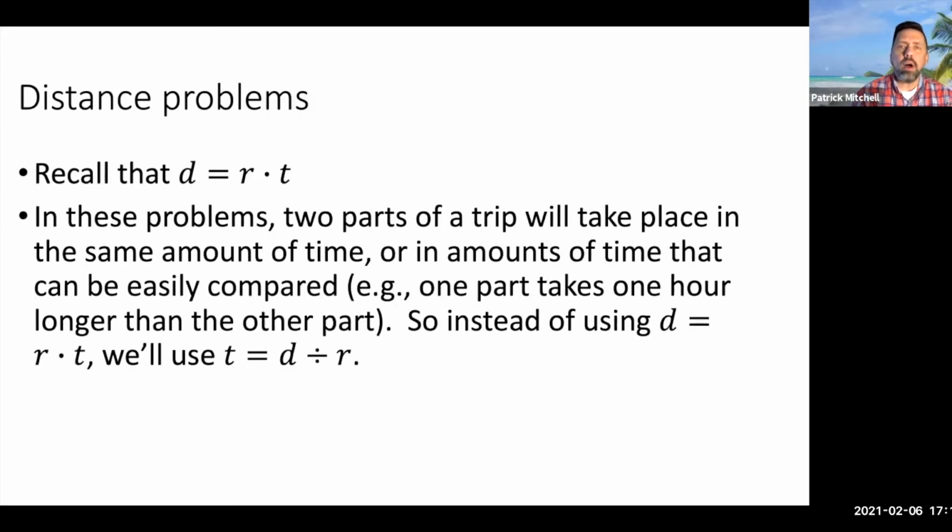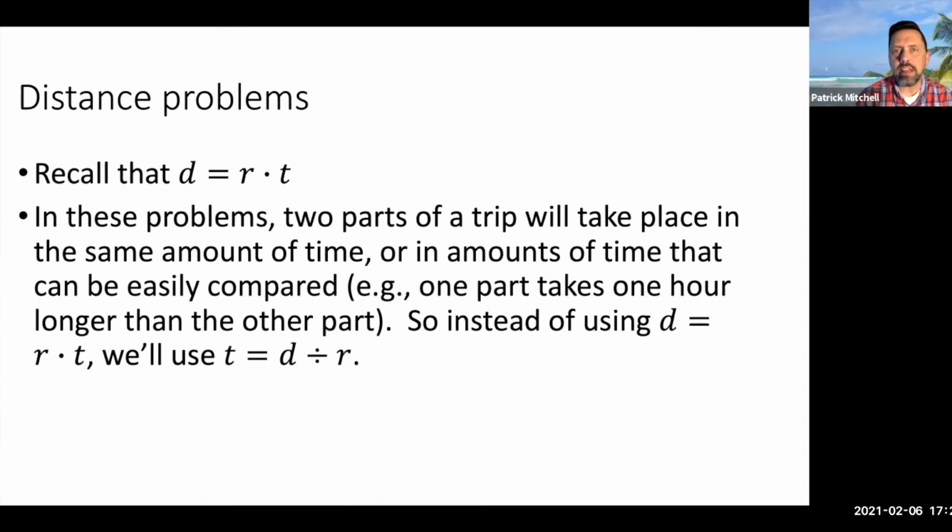Now, of course, we don't have a beginning algebra course anymore, but back in the old days in chapter 2, we used to do a lot of fancy word problems using distance equals rate times time. What makes these particular problems different is that 2 parts of a trip will always take place in either the same amount of time or in amounts of time that can be easily compared.